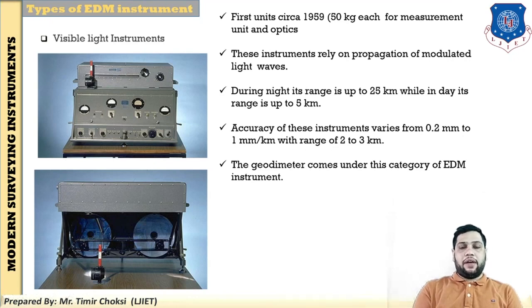So while finding a distance between 2 to 3 km, its accuracy is high. And the geodometer comes under this category of EDM instrument, so the visible light instrument is called a geodometer.